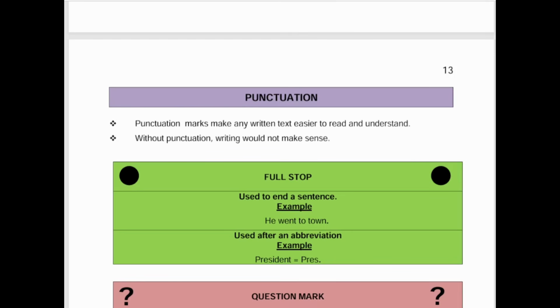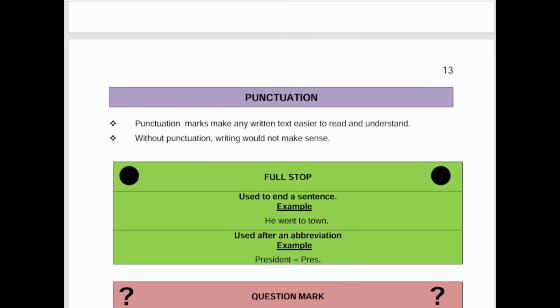Without punctuation, writing will not make sense. Imagine a sentence that has been written with no punctuation mark. That sentence is not going to make sense because it is not punctuated.